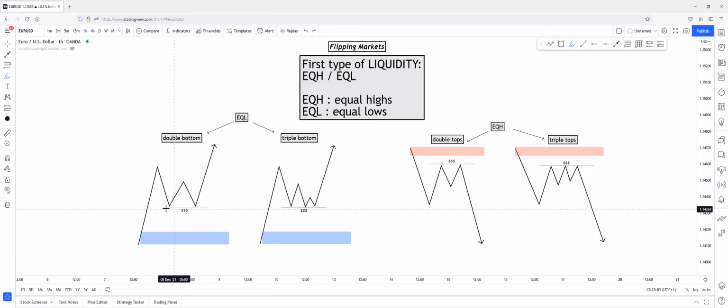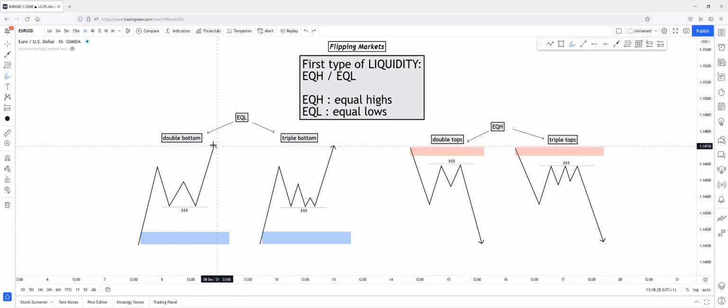After this pullback, the price couldn't break below the pullback low, and instead of breaking below this low point and tapping into a demand zone, it created the second bottom. So this means we have a liquidity line here, which is perfectly equally lined up, and after this, price created a new high. What can we do in this scenario?